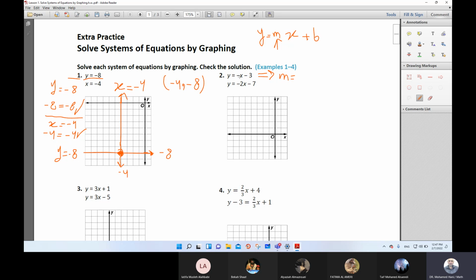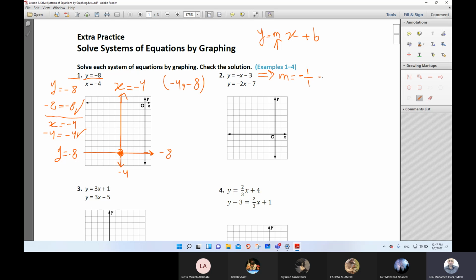Negative x, meaning negative 1. Negative 1 means negative 1 over 1. Negative x, what's the meaning of negative x? It means negative 1 times x. So the slope will be negative 1, which is negative 1 over 1.